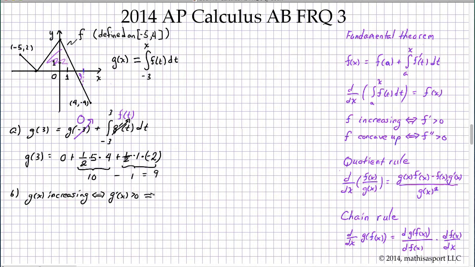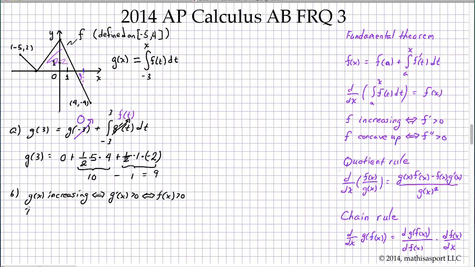And in this situation, because of the fundamental theorem, the definition of g prime's derivative, we know that that is f. So what we're really saying is that f of x is greater than 0. Those are the regions we're looking for.